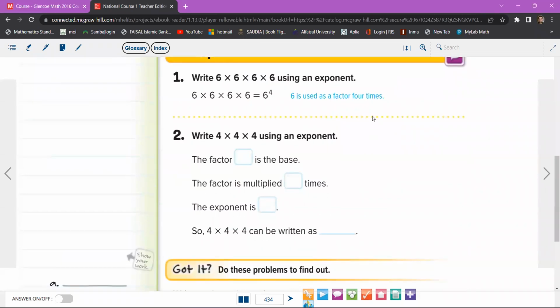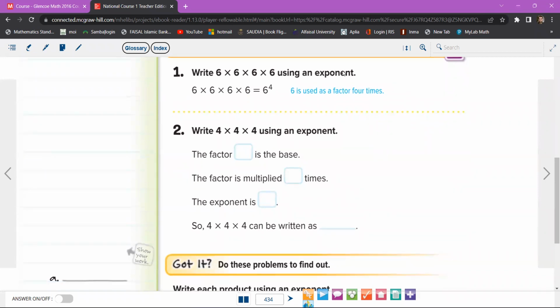Let's take some examples based on the idea of writing a number as base and power. For example, write 6 times 6 times 6 times 6 using an exponent. 6 is repeated in multiplication 4 times, so it can be written as 6 to the power of 4.